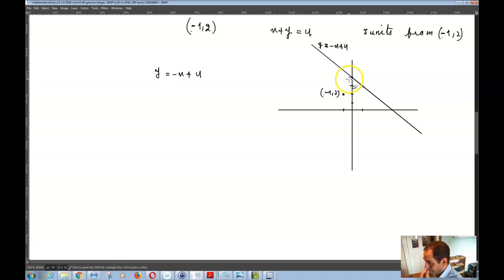So basically what you need to do is, there is a point on this line whose distance from this point is 3.